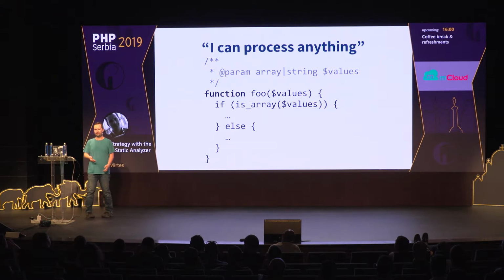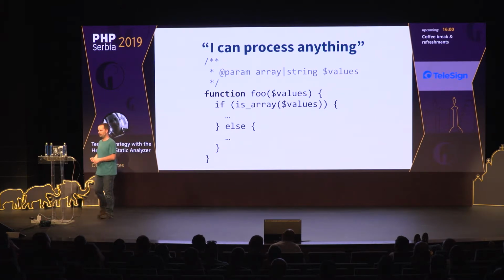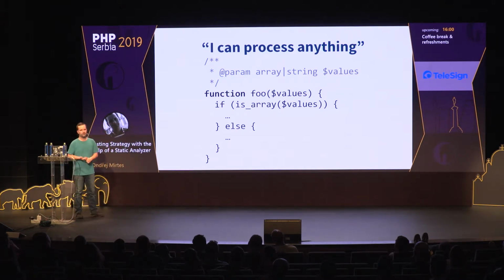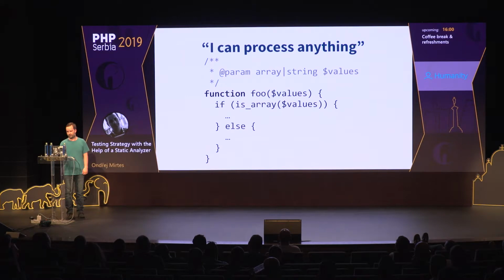And if you have extra branching logic, it means that you have to make sure to write tests for each branch. And another problem, again, is that you can't write a native type hint for that, so again, you have to resort to PHP docs. So I also wouldn't recommend it.